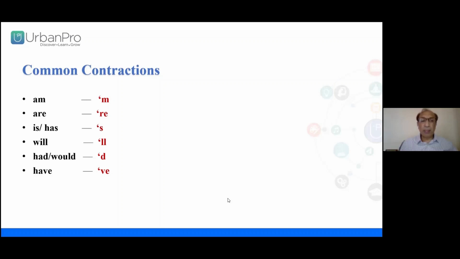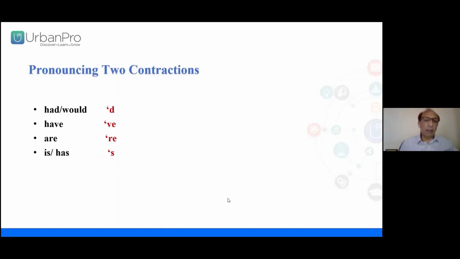You would notice that "is" and "has" have the same contraction. They are denoted by the same contraction, apostrophe s. It's written in a similar way, and so are "had" and "would". Right? So wherever you encounter these apostrophes after the pronoun, followed by this part of a modal or auxiliary verb, you'll get to know that a contraction is in use.